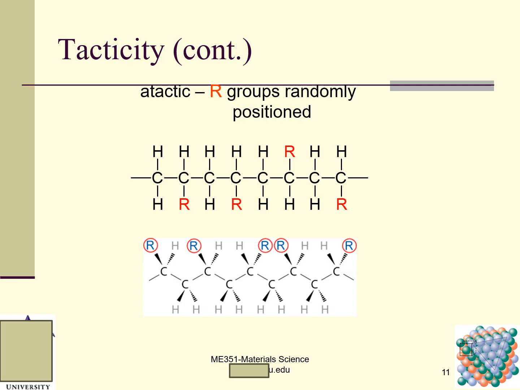That means we cannot find any rule to predict the position of R along this backbone chain. In this context we call it atactic. This is tacticity.